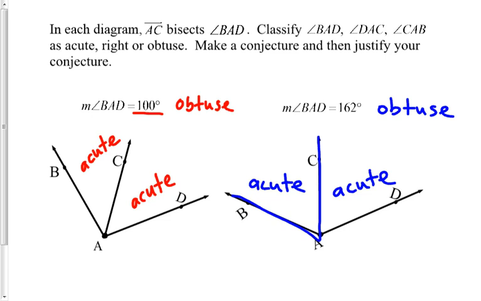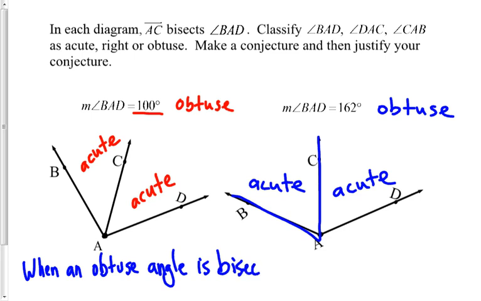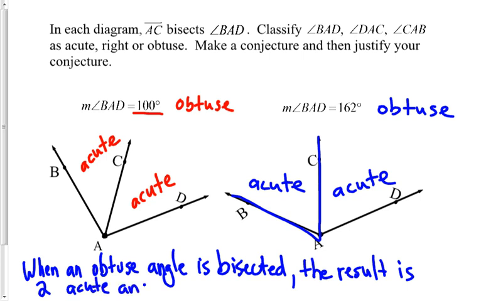So let's say: when an obtuse angle is bisected, the result is two acute angles. Certainly seems to be what we have seen here, right?